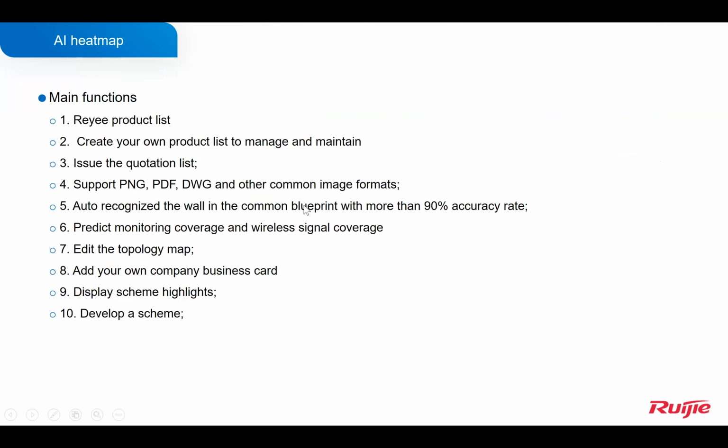Here is a list, like the product list we created ourselves, and it supports some formats like PDF, PNG, and DWG. Of course, it can recognize walls automatically and edit the topology map. So let's do the demo for you to learn this function.